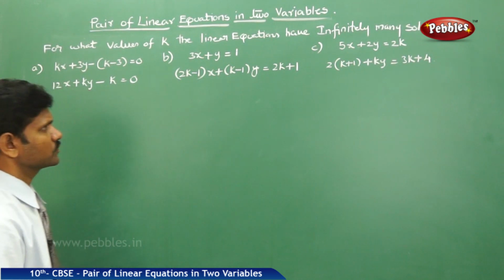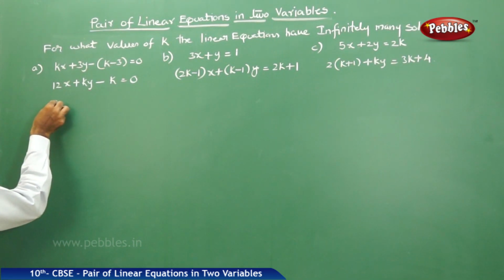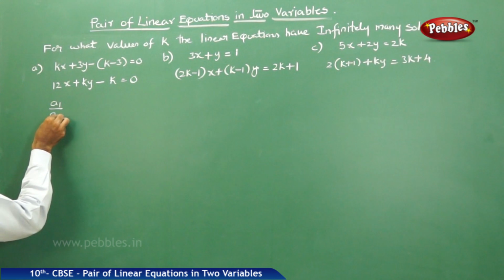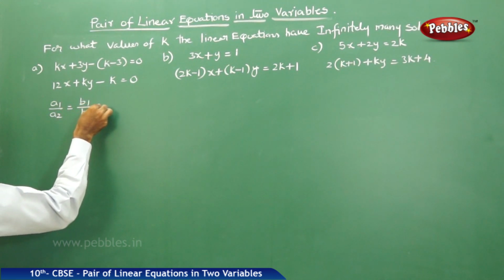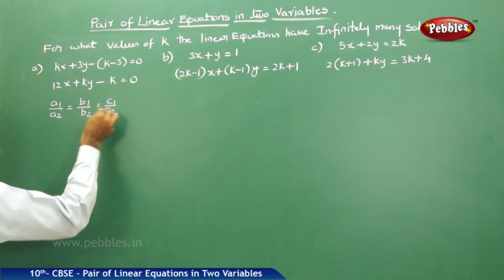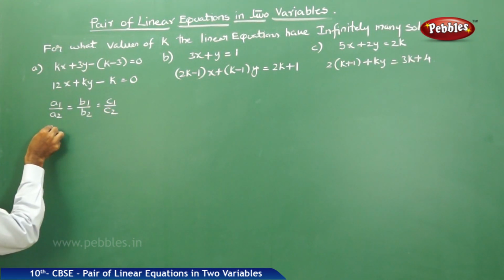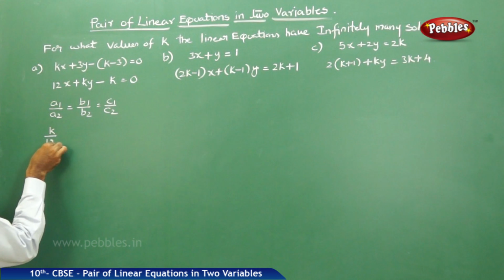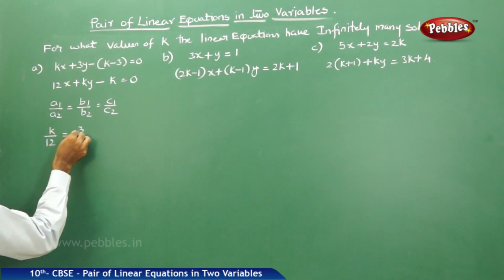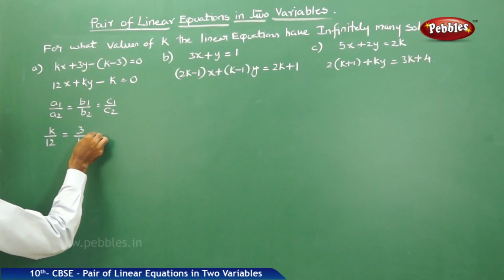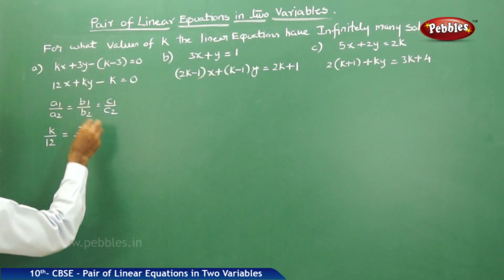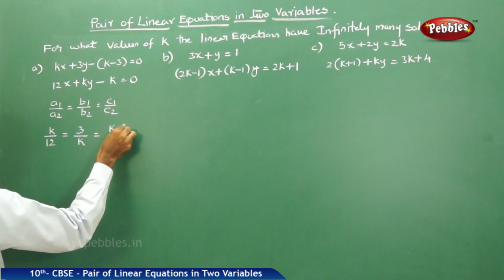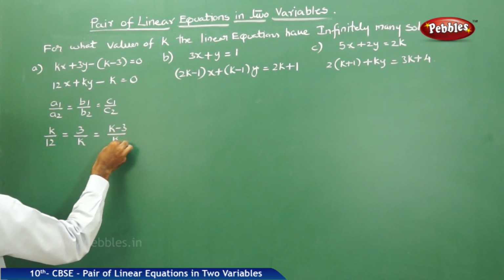Okay, let us follow this one. a1 by a2 is equal to b1 by b2 is equal to c1 by c2. That is, k by 12 is equal to 3 by k is equal to, both the parts have a negative sign, so please eliminate it, k minus 3 by k.